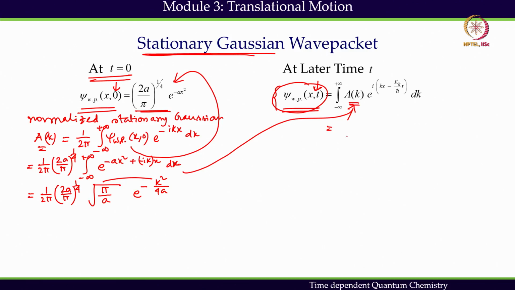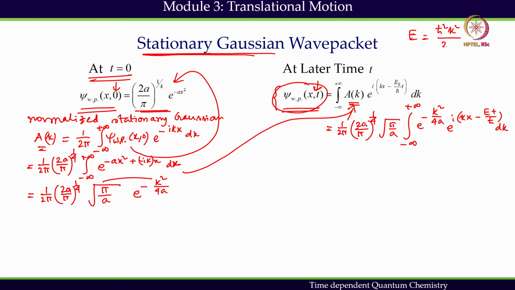In that case I will get 1 by 2 pi, 2a by pi to the power 1 by 4, pi by a, times the integral from minus infinity to plus infinity of e to the power minus k square by 4a, e to the power i k x minus E t by h cut, dk, where E is the kinetic energy given by h cut square k square by 2m.